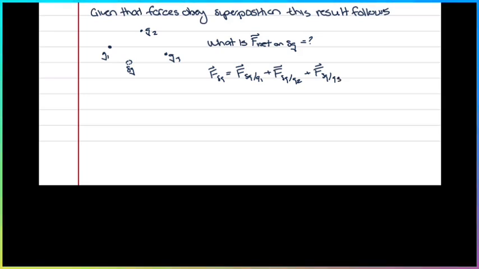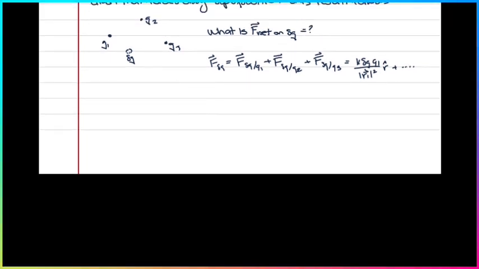Not too surprising, so I won't write it all out. I'll just write one of them out. It's going to be K delta Q Q1 divided by the distance between delta Q and Q1 squared, along the direction between them, plus, et cetera. And there'll be a Coulomb term for delta Q and Q2, then a Coulomb term for delta Q and Q3.